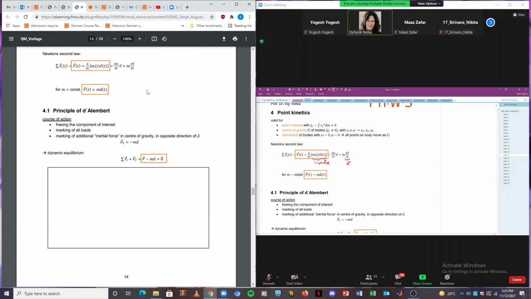Okay, in case of a constant mass, this equation simplifies to the equation in the second box. Change of mass occurs, for example, if we describe a car and we consider the gas loss during the driving, something like that.